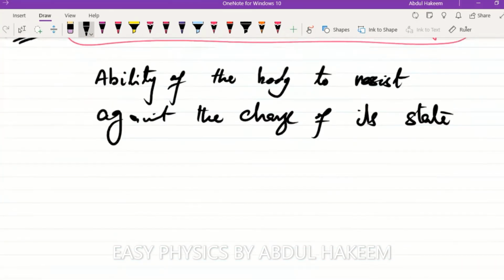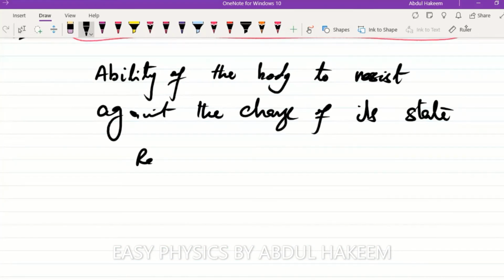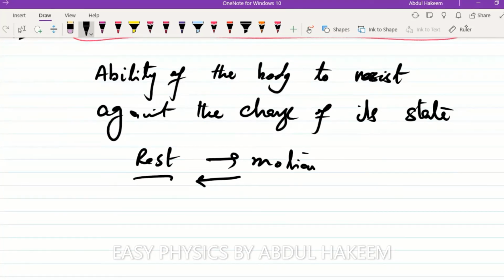For example, if we change rest into motion, or motion into rest, we have to apply an unbalanced force. Otherwise, the object at rest will continue at rest, and an object in uniform motion will continue its motion. It means we have to apply the unbalanced force to convert rest into motion or motion to rest.